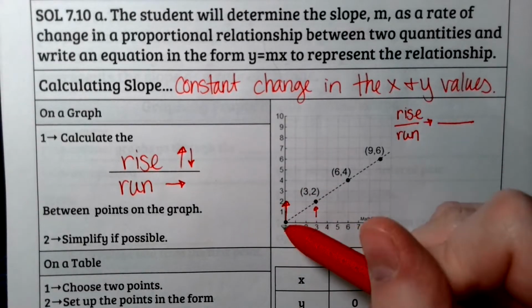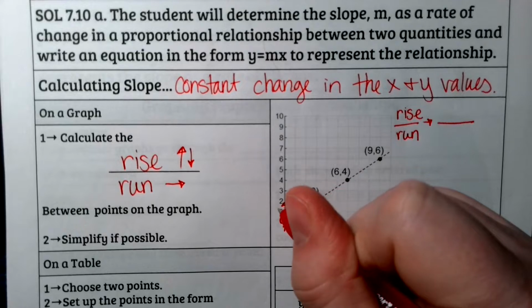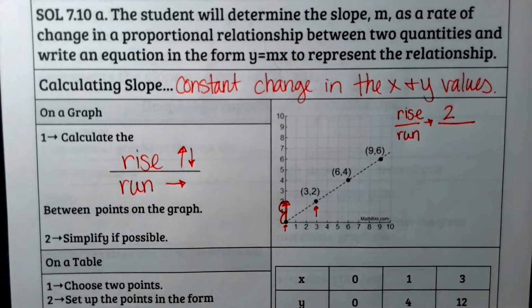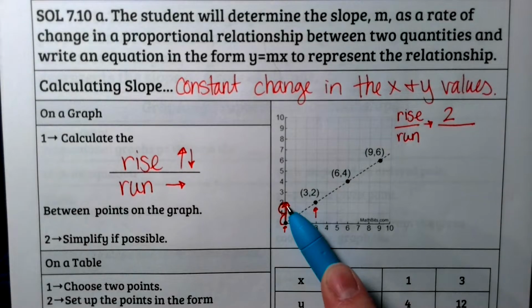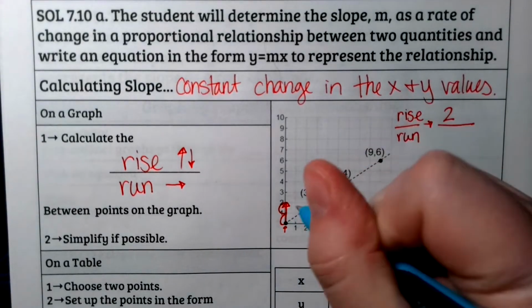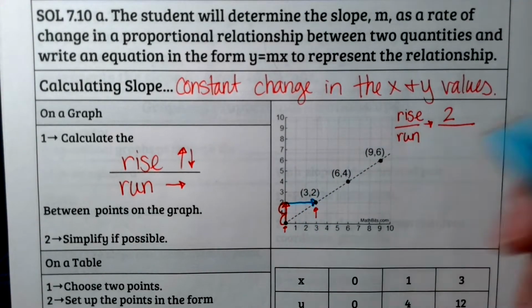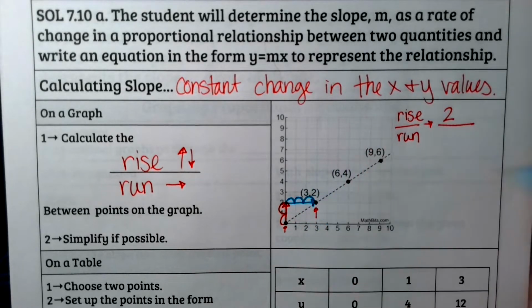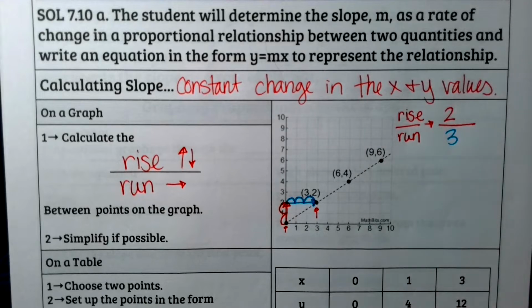So I would want to count. I count 1, I count 2. So I rose 2 spots. Now I need to see how far I'm going to run. So from this spot over to this dot, I need to run. So if I count, that's 1, 2, 3. 3 spots that I ran.